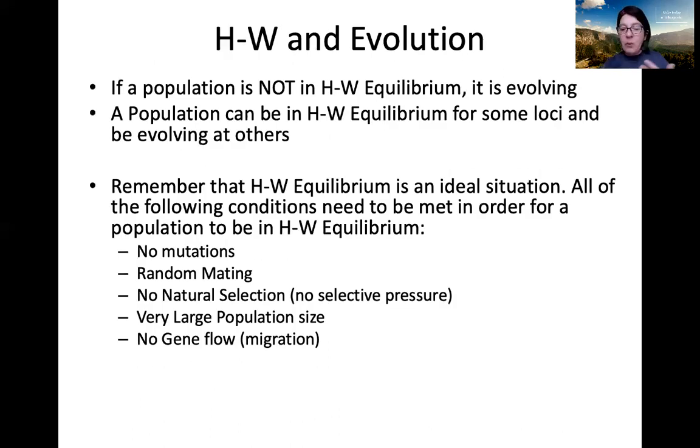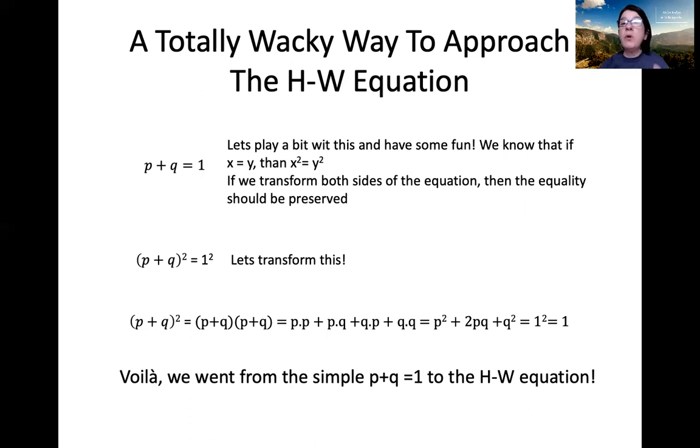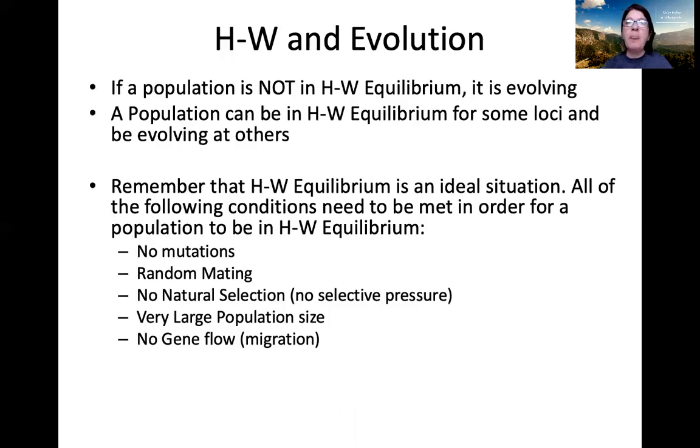Okay, by the way, the Hardy-Weinberg equation will be given to you on the formula sheet, so there's no need to memorize it. You just need to understand what each of the components of the equation represents. So if a population is not in Hardy-Weinberg equilibrium, it is evolving.